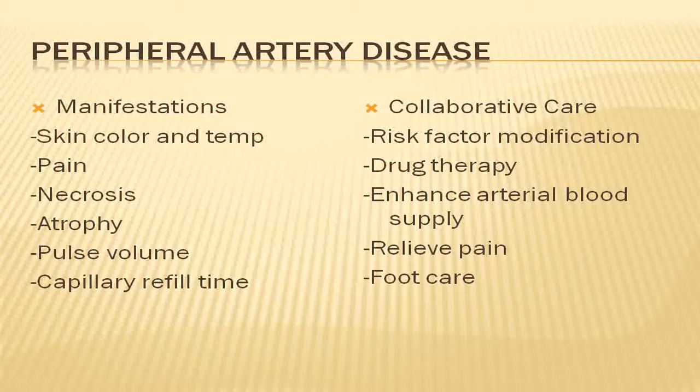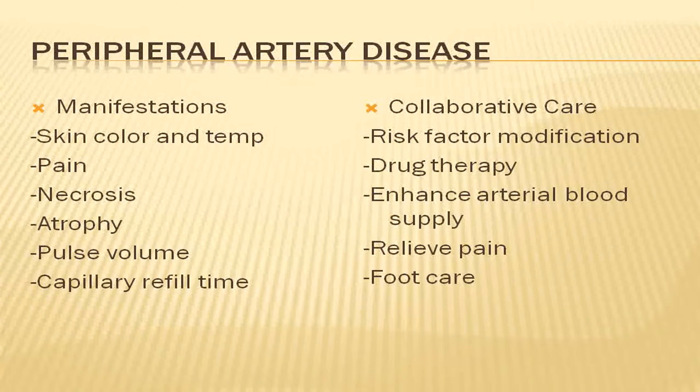So with peripheral artery disease, we're going to talk about the manifestations and also the collaborative care associated with peripheral artery disease. We're just talking about the diseased arteries. So before we talk about that, let's talk about the leading causes again. We see that the four major causes of peripheral artery disease are smoking, hyperlipidemia, hypertension, and diabetes mellitus.